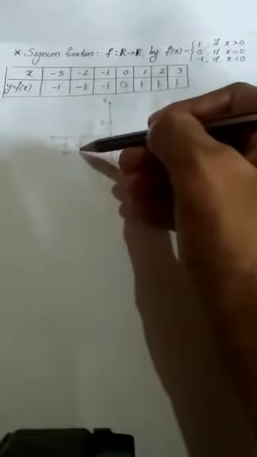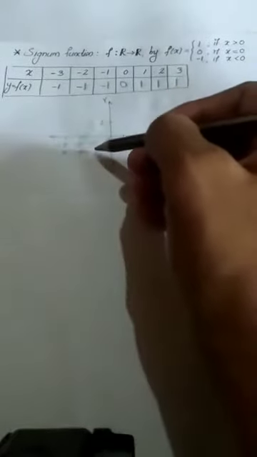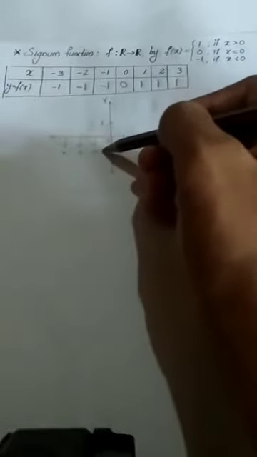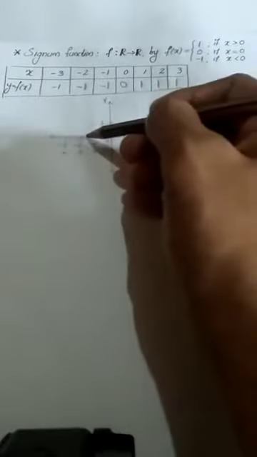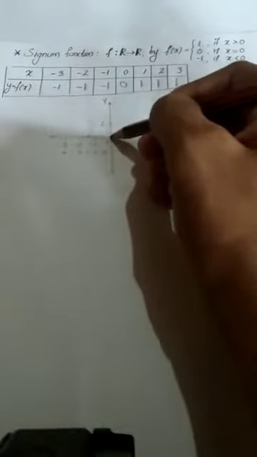If x equals minus 2, the value is again minus 1. x equals minus 1, again minus 1. x equals minus 0.5, minus 1. x equals minus 1.5, minus 1. Then what is the value of f of x at x equals 0? It is 0.